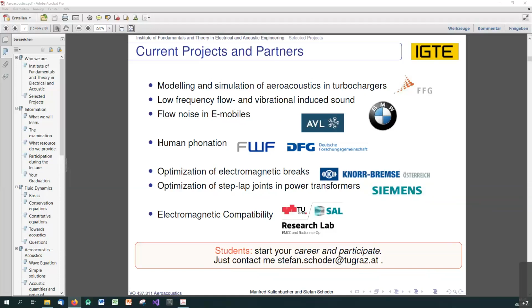And then a very interesting topic, probably also for you as audio engineers, is the human phonation. The way and how I can speak to you is a pure aeroacoustic phenomenon, and we are investigating this in a big project, and also there we cover new approaches for doctors to get towards a new treatment in hospitals.